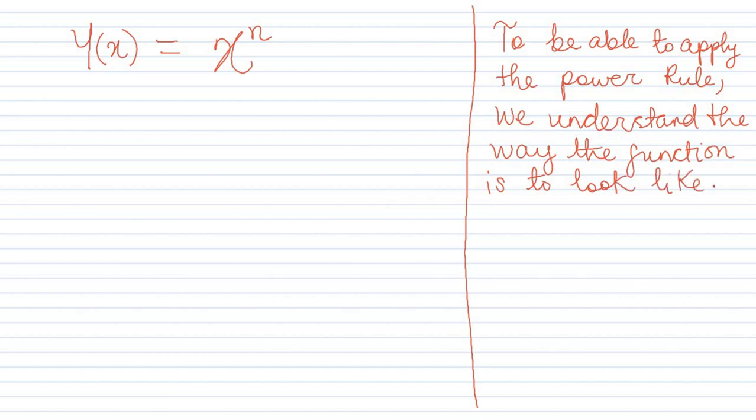To be able to apply the power rule, we have to understand the way the function is to look, so it's important for you to know this. First of all, whenever you're doing the power rule, the n here, the power, which I have circled in green, has to be a non-zero real number.